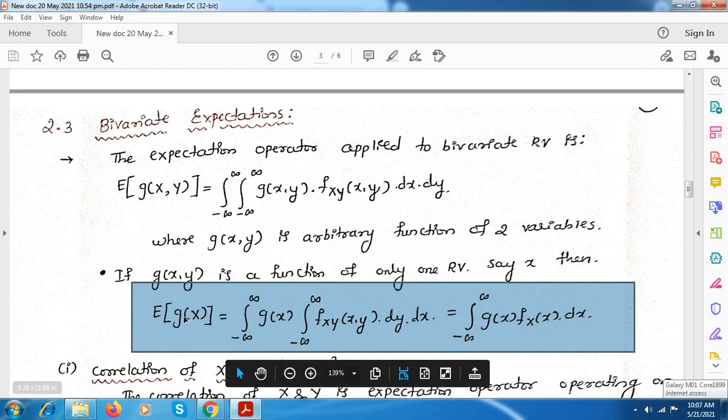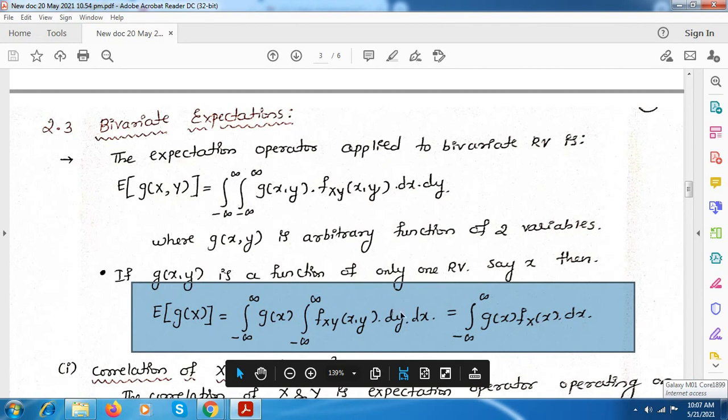So here the expectation will come only with respect to x random variable. But here the bivariate PDF will be there, so it is kept as it is. And here integration with respect to x and this integration with respect to y will be there.